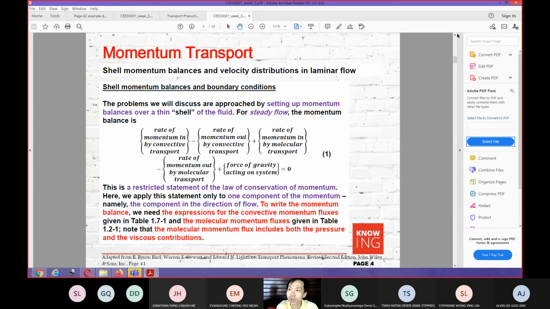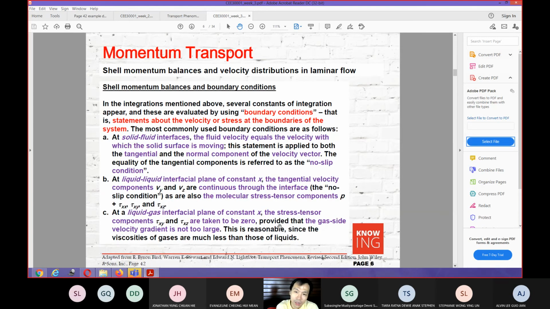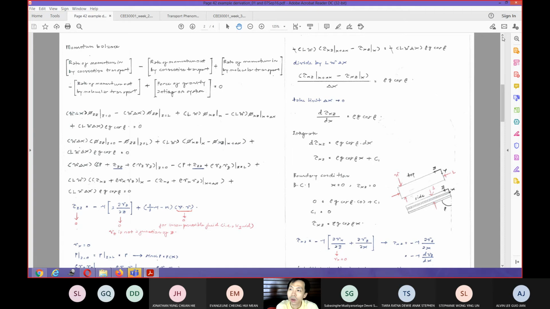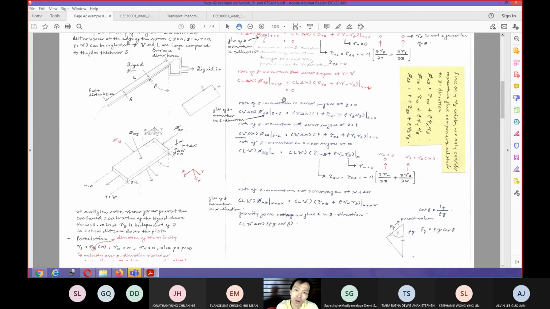I think this one, at the solid fluid interface. We have two different boundary conditions. On top in here, our liquid is in contact with the gas or air atmosphere. On the bottom in here, the liquid is in contact with the solid surface.